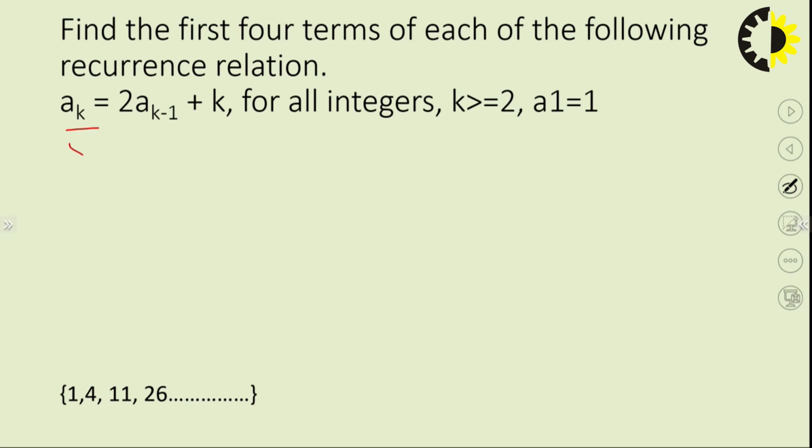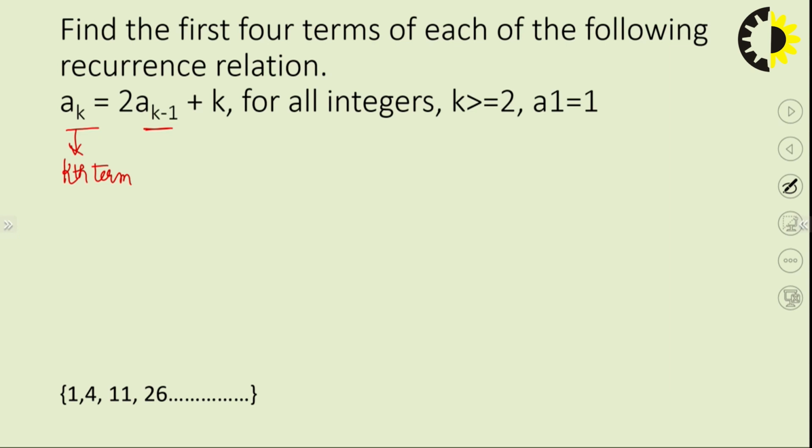So, how to find it, or just see whether it is a recurrence relation or not. Just see the term a_k, that is the kth term. I am able to find out this kth term with the help of the previous term: 2 times the previous term plus k.